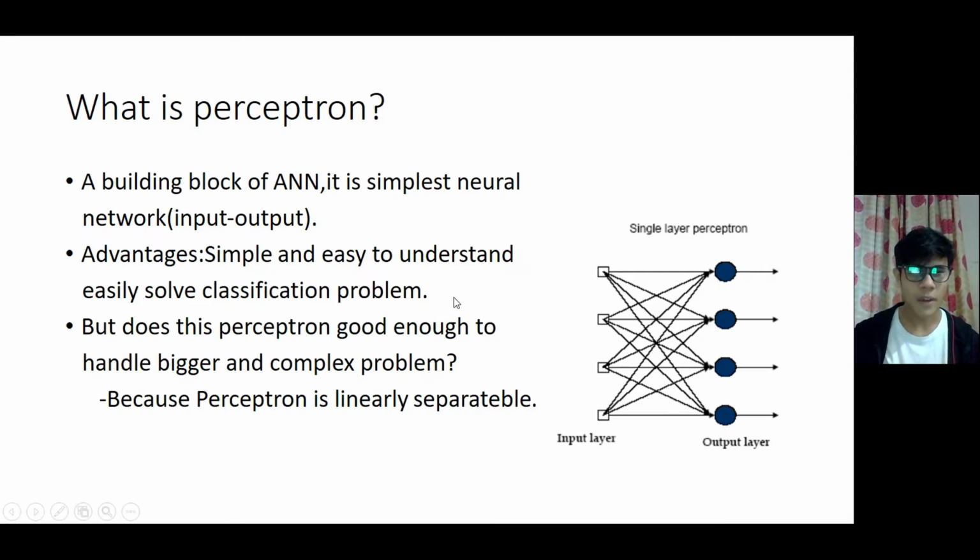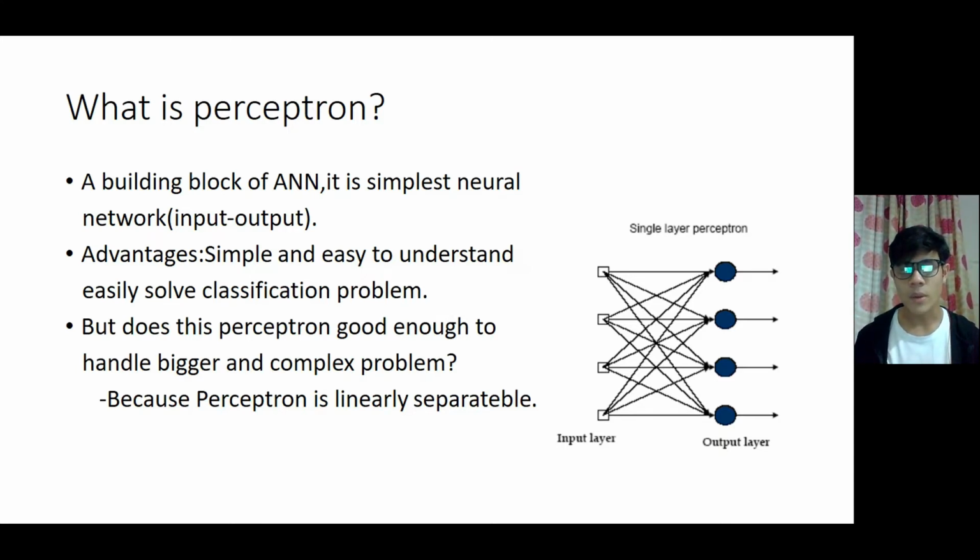So what are the advantages of using this perceptron? It is simple and easy to understand, and of course a simple classification problem can be easily solved. But there's a limitation when using the perceptron. What about a bigger and more complex problem?